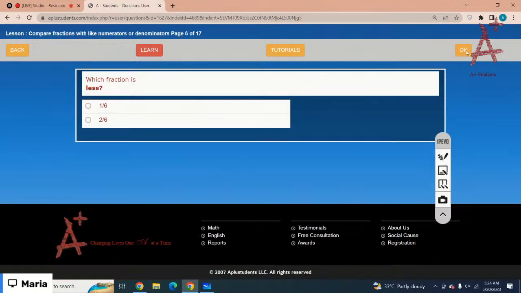Okay, which fraction is less? 1 by 6, 2 by 6. So which is less? Yes, 1 over 6 is less than 2 over 6.